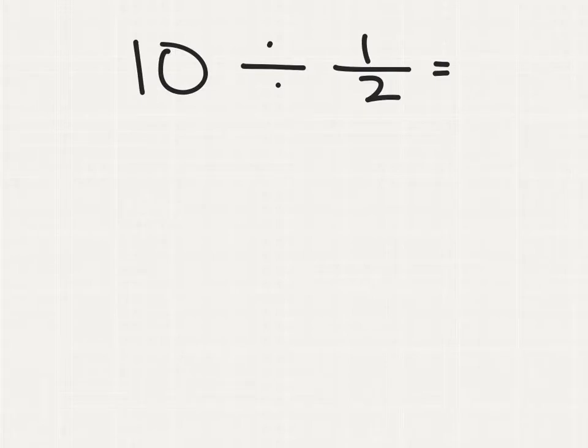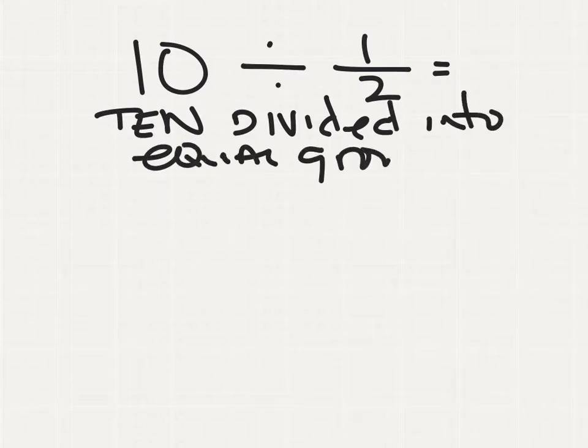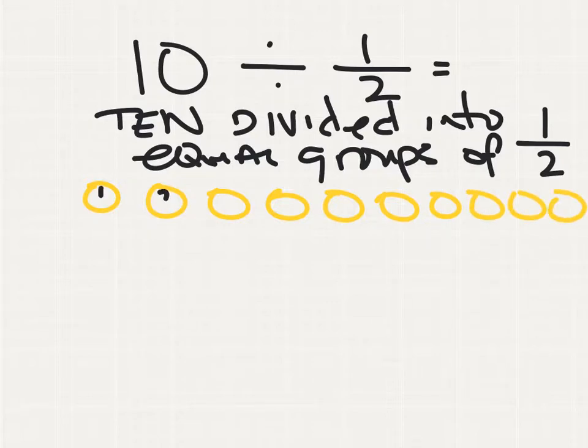Let's try an example now using a fraction. What if I had 10 divided by 1/2? Or 10 divided into equal groups of 1/2. Each group will be the size of 1/2. So I think we agree that these counters here represent my 10.